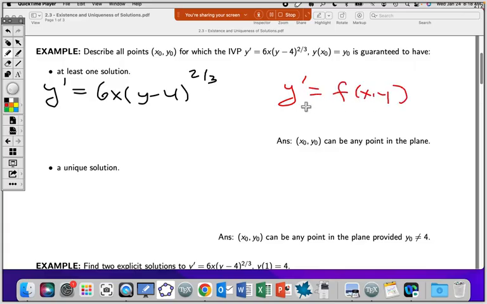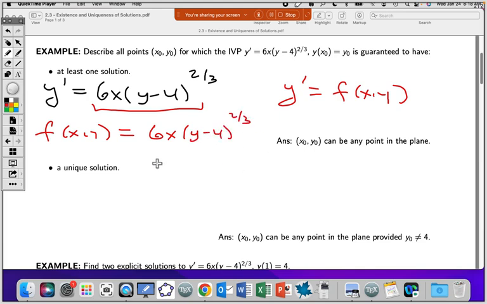If it's not written in this form, you need to solve for your y prime. So that's our f of x, y here. And if we're looking for where we have at least one solution, we just need to check to see where this function is continuous.